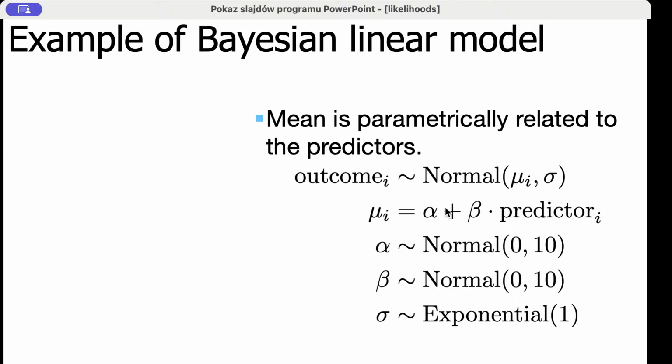So, for example, it has an intercept, a constant term, and the predictor value is multiplied by beta. And alpha and beta have their own prior probability distributions that might come from prior knowledge of some kind, or might be regularizers. The same with standard deviation. However, in linear models, most often, not always, we assume that all the measurements have the same amount of uncertainty. So the standard deviation is common.